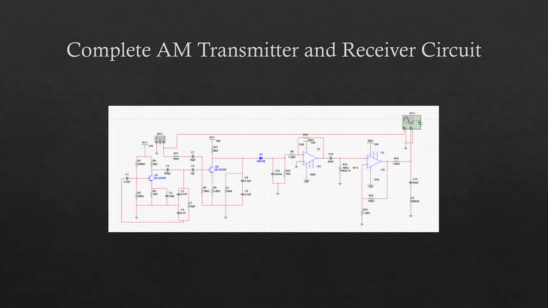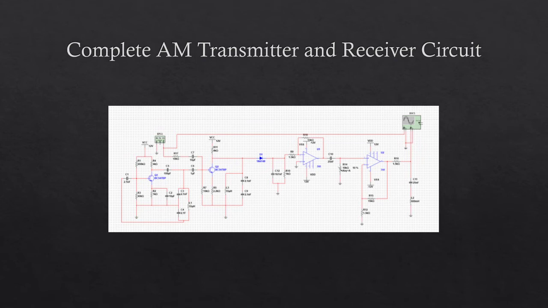To identify them, starting from the 1N4148 going left, that is the AM transmitter, while going right, starting again from the 1N4148, that's the receiver circuit.